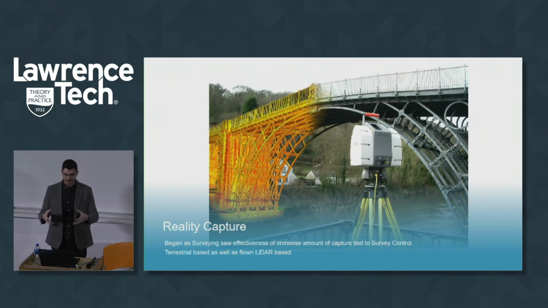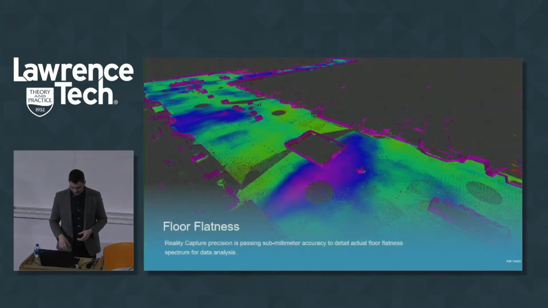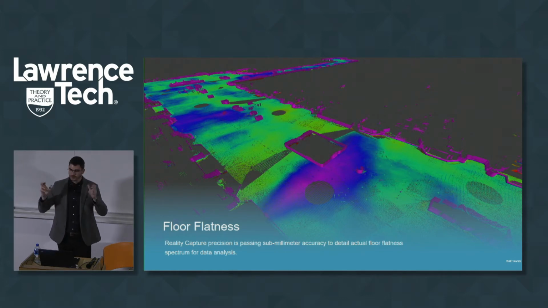How do we grab this data, make actionable insights off of it, and then regurgitate it out for putting something into production? It's even really brought into question some of our concepts like floor flatness, and I should have put air quotes on that because it's not actually flat.